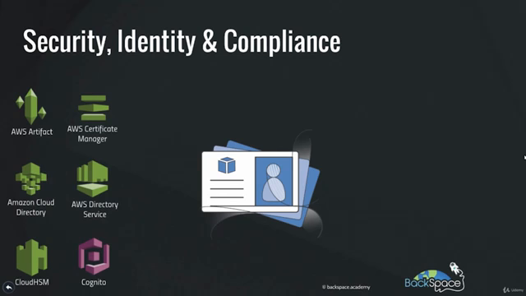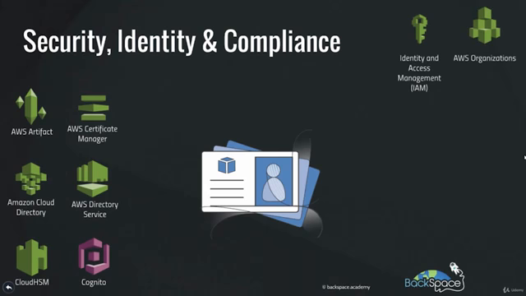AWS Identity and Access Management, or IAM for short, allows you to manage user access to your AWS services and resources in your account. Users and groups of users have individual permissions that allow or deny access to your resources.